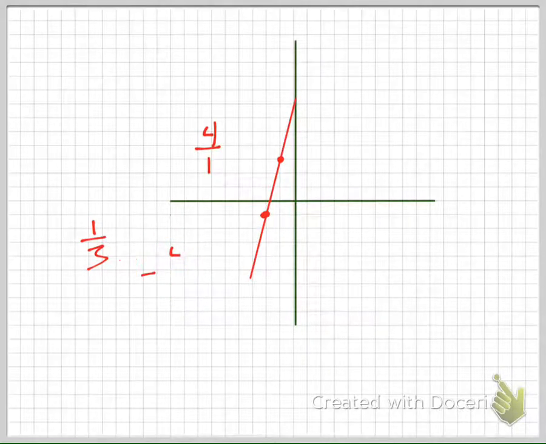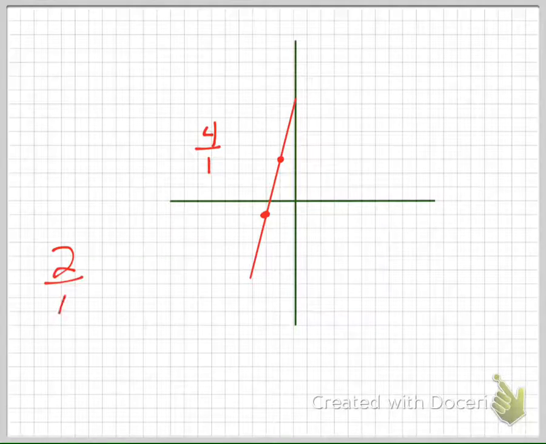What is the reciprocal of 2? 1/2, right? This is 2 over 1, it flips over to 1 over 2. What is the reciprocal of negative 3? Negative 1/3. What is the opposite reciprocal of negative 3? 1/3. That's the deal.